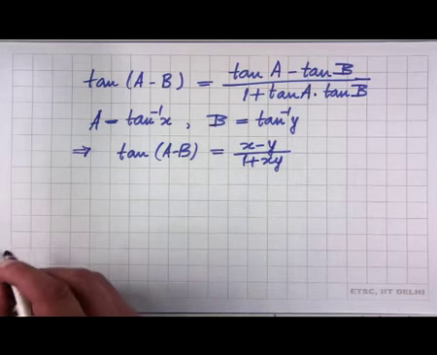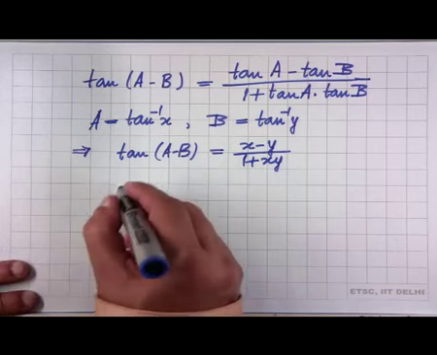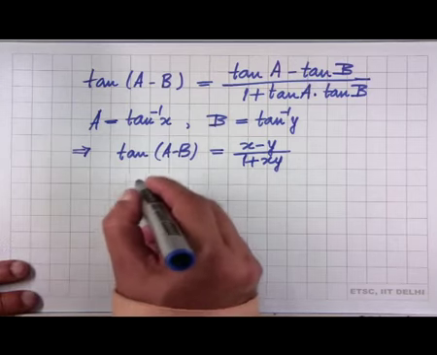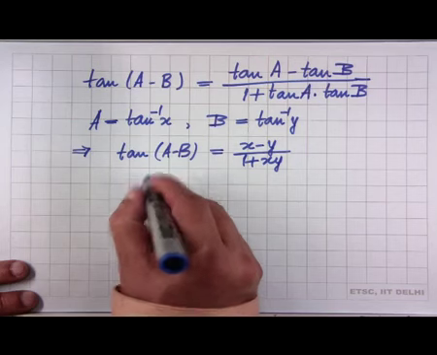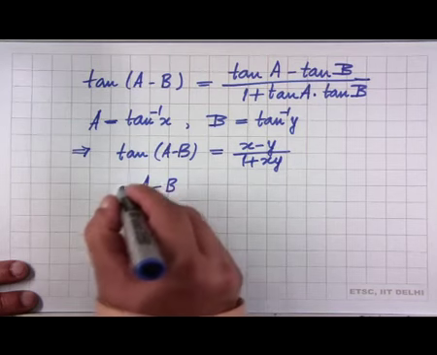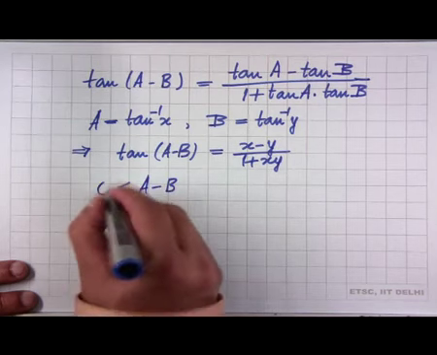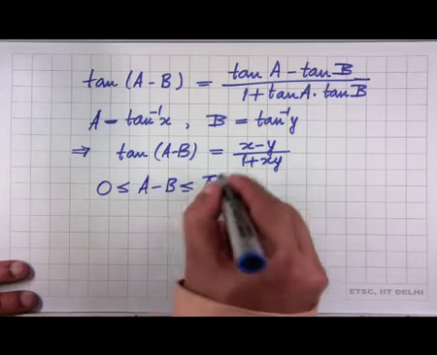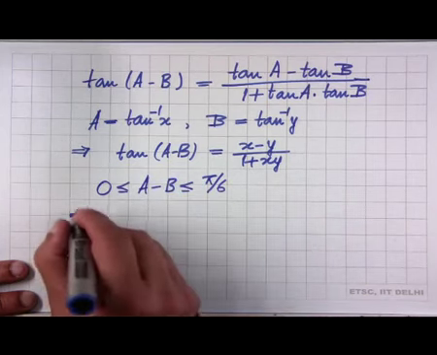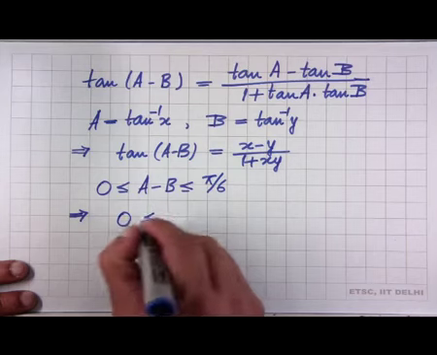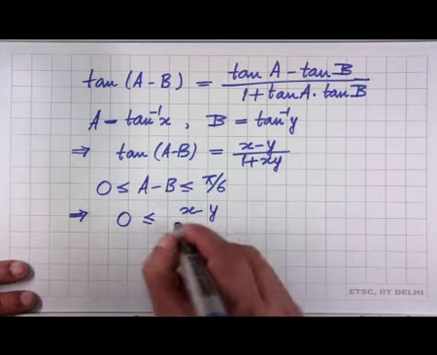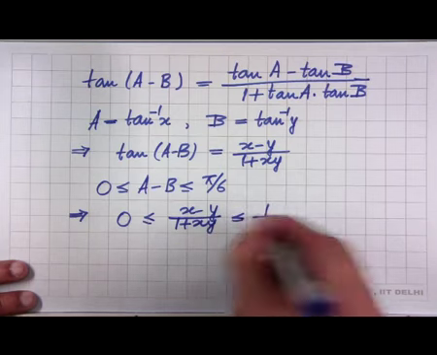And because tan is increasing, and the fact that you had this a minus b lying within 0 and pi by 6 will then tell you what you wanted, that 0 is less than or equal to x minus y over 1 plus xy, less than or equal to 1 over the square root of 3.